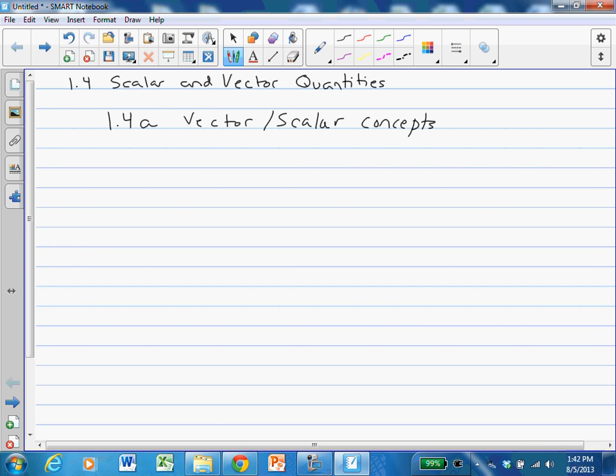There could be up to 3 parts to a measurement. The first part is the number. The second part is the unit.